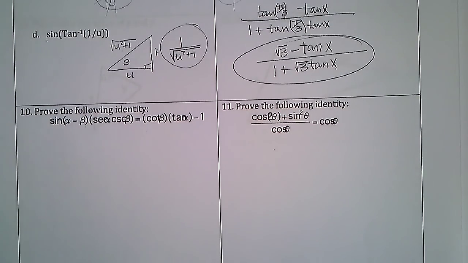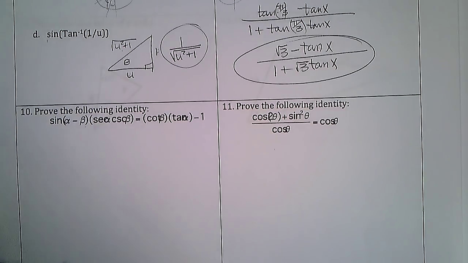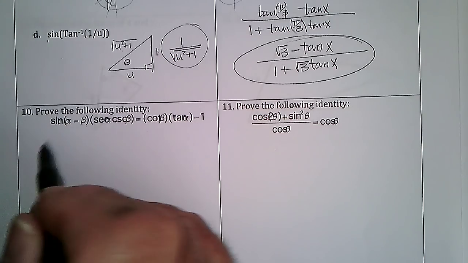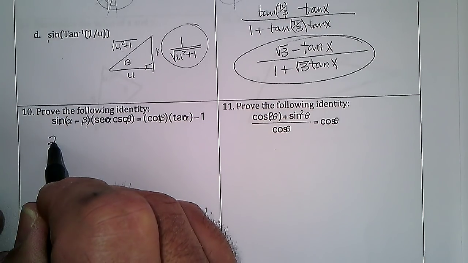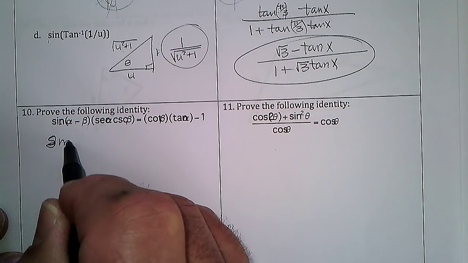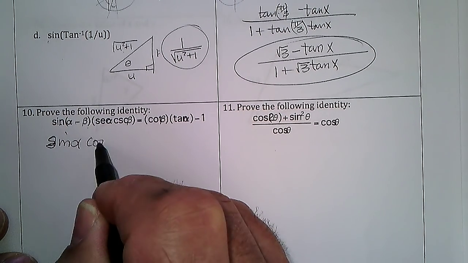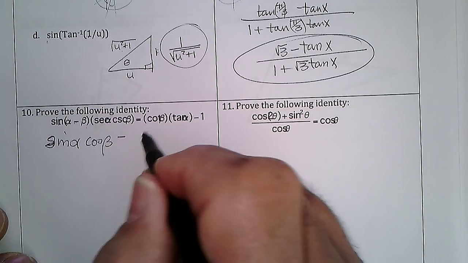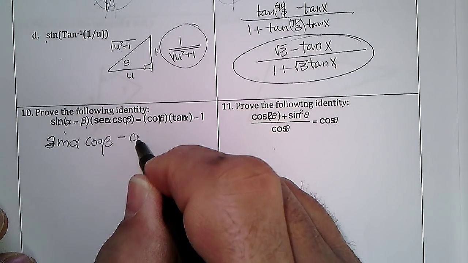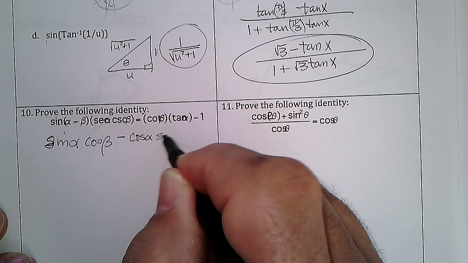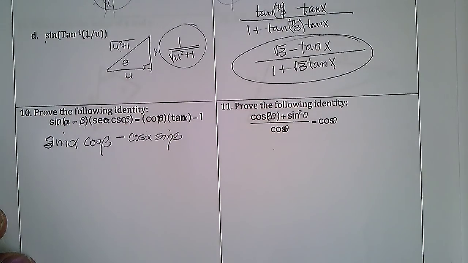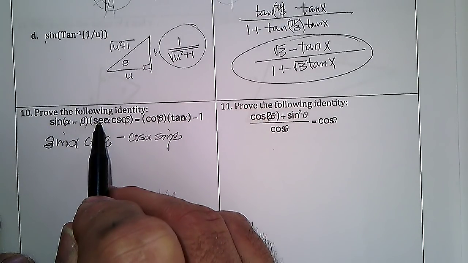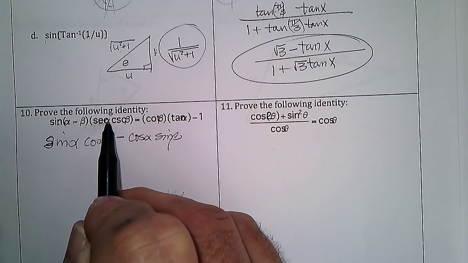Prove this one. It looks a little funny here, but that's all right. Sine of alpha minus beta, there's a formula. It says it's the sine of alpha cosine beta, same subtraction, cosine alpha sine beta. And that's times this. See, secant, and that's supposed to be secant alpha. Looks funny here.